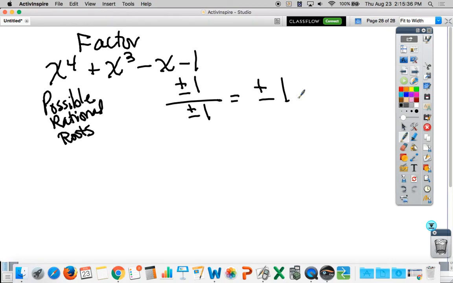So how do we determine which one of those is my root or my 0? Store them and check the remainder. All right, so go ahead.